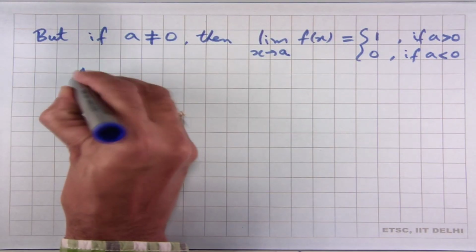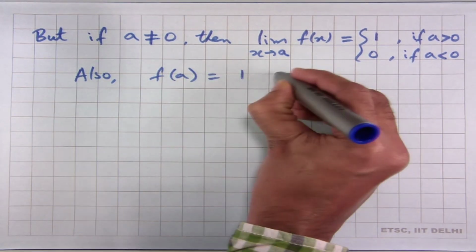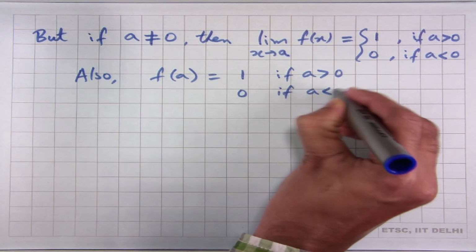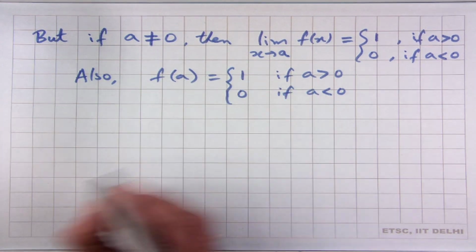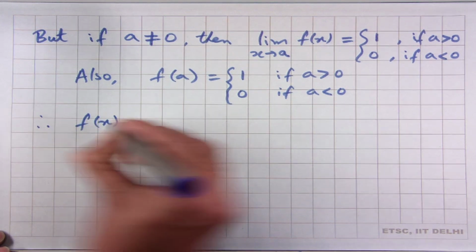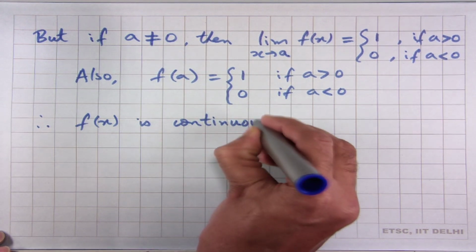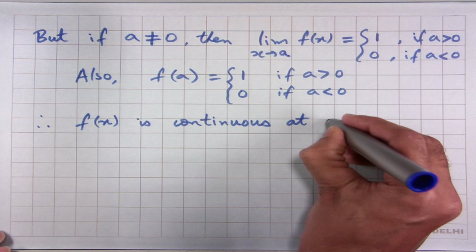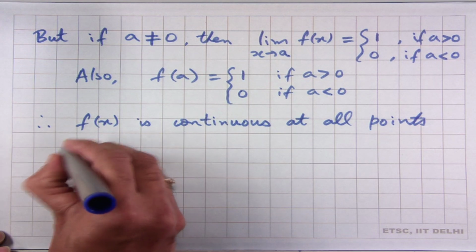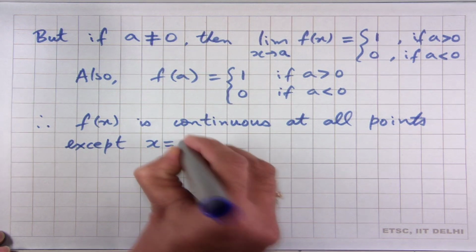Also, f of a is equal to 1 if a is positive and 0 if a is negative. So, therefore, the function f of x is continuous at all points except x equal to 0.